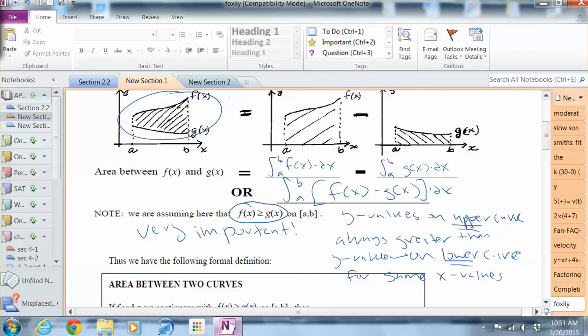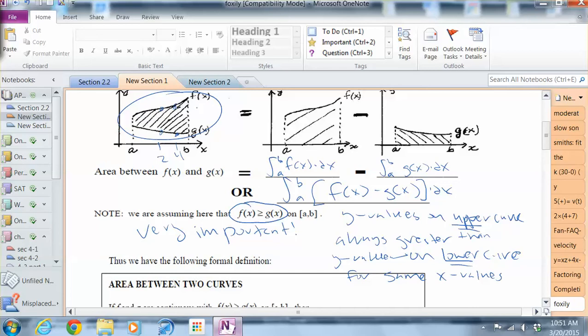So for example, if this were like x equals 2, the y value on f of x is of course greater than the y value on g of x. Or say that this was 4, the y value at x equals 4 for f of x is greater than the y value at x equals 4 for g of x, right?